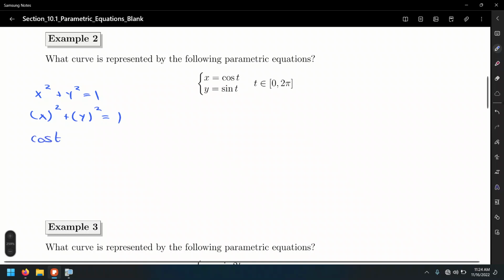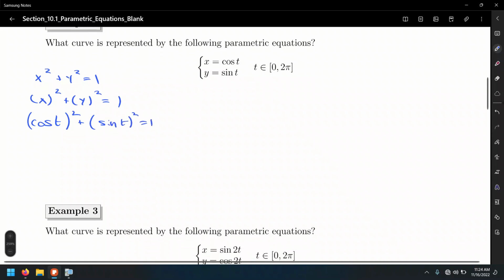That's cosine t quantity squared plus sine t quantity squared equals 1. Just squaring both terms, that's cosine squared t plus sine squared t equals 1. Isn't that an identity? The Pythagorean identity.